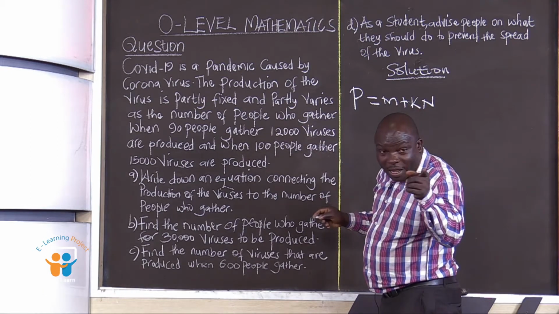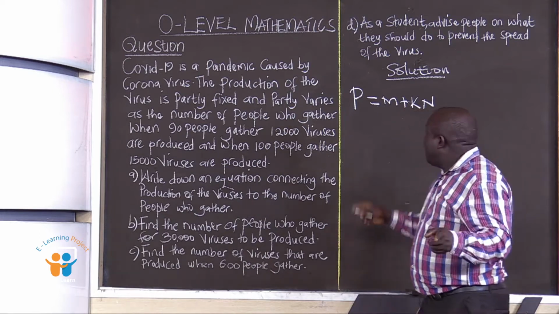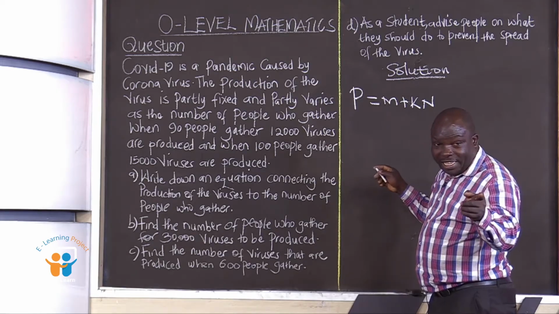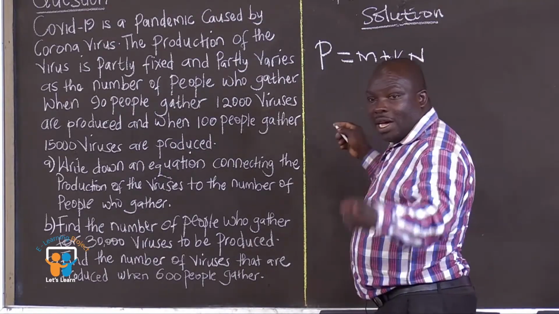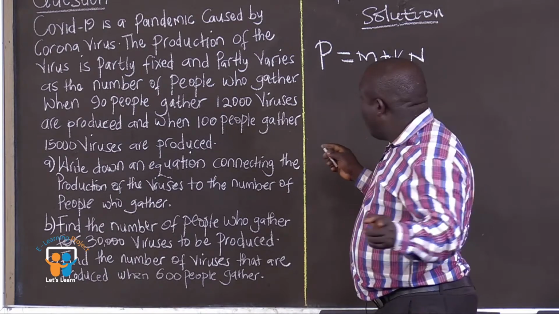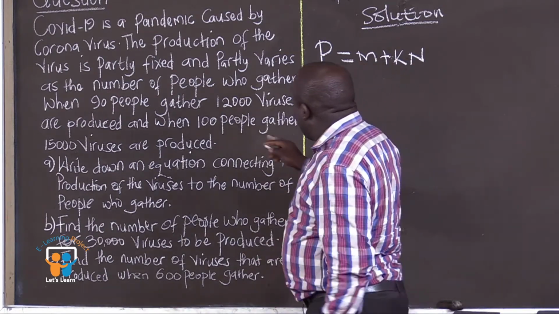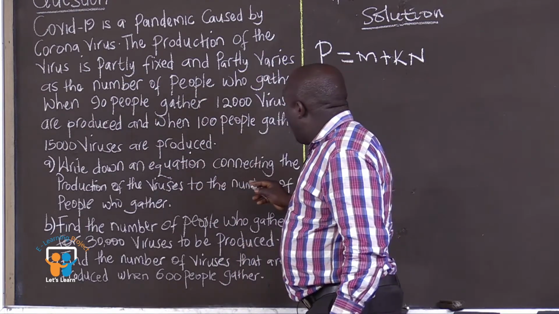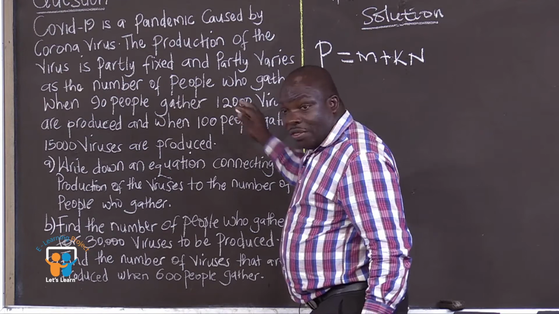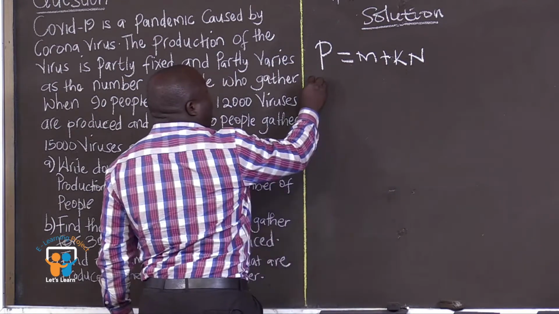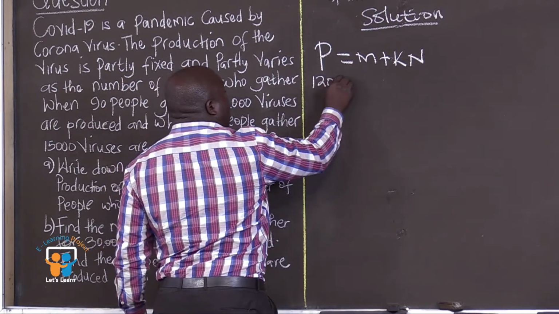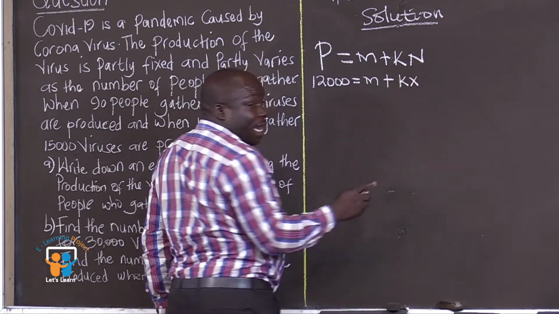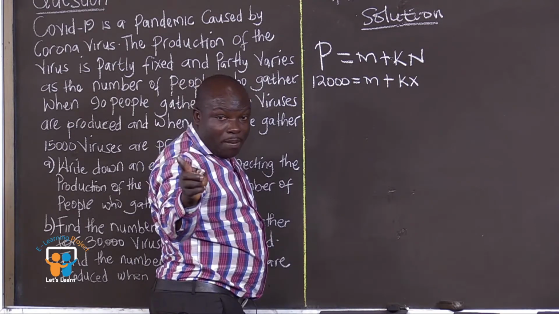When 90 people gather. Remember we said, let P represent the production of the virus, and let N represent the number of people. So it means that our N is 90, and our P is 12,000. So we can say 12,000 equals M plus K times N. N represents the number of people.